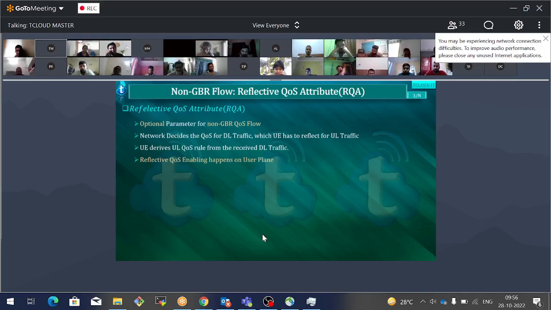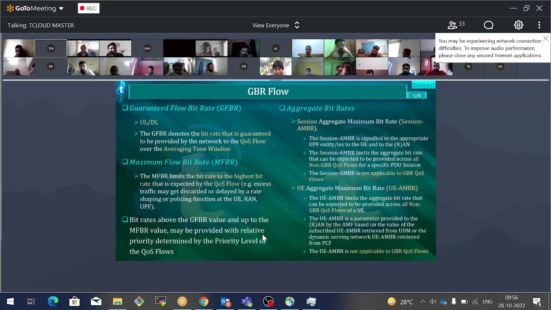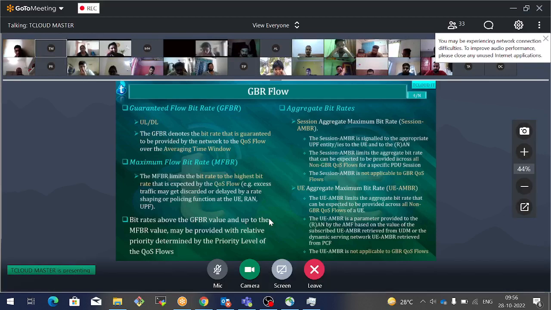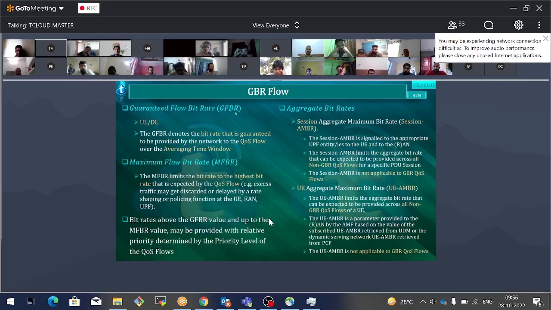Next. Now the properties we are studying are the ones that are only applicable for GBRs. At least the left ones are applicable for only GBR. Guaranteed flow bitrate. That is a bitrate that is guaranteed for any quality of service flow over an averaging time window.